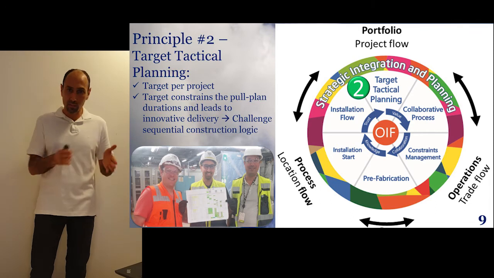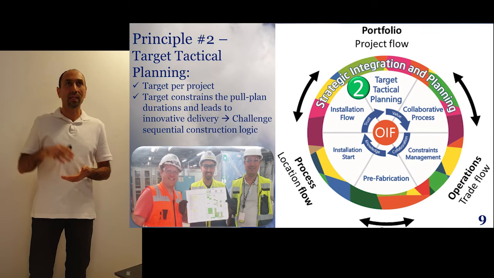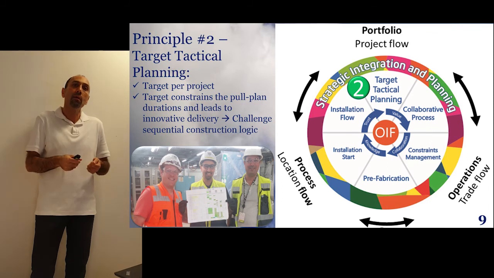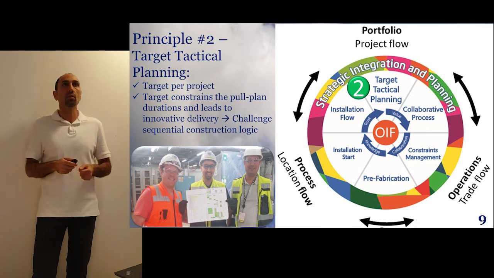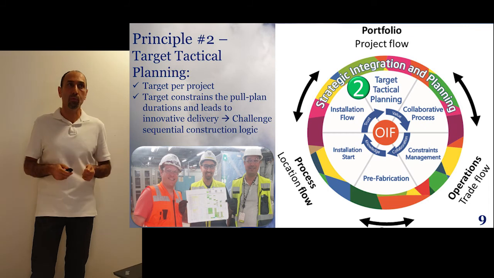We need to break the sequential and get to more parallel activities. So it's really that the target constrains the pull plan, and this is the only way that we can get into the innovation, so that our trades can feel, okay, there's something different, how do we need to operate differently?